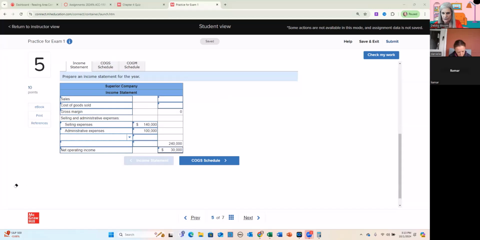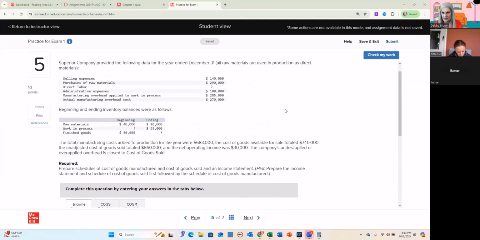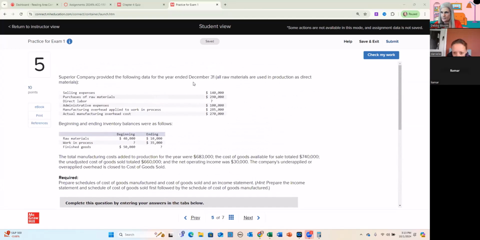Now I'm going to look for information relating to cost of goods sold because I'm pretty sure that I remember that sales were not given. So we're given selling expenses, purchases of raw materials, direct labor is a question mark. We have our administrative, we have our manufacturing overhead applied to work in process, actual manufacturing overhead cost, beginning and ending inventories.